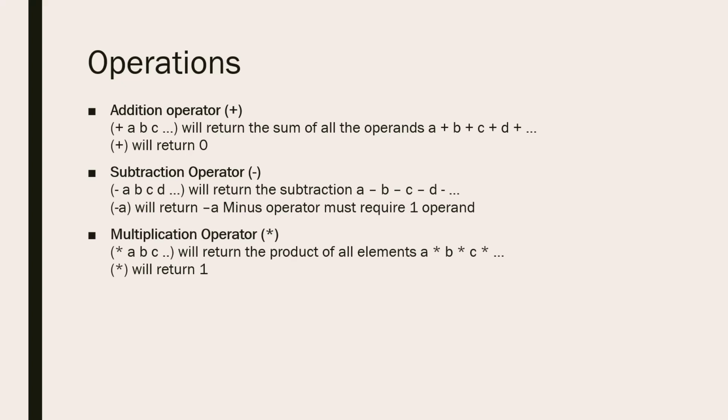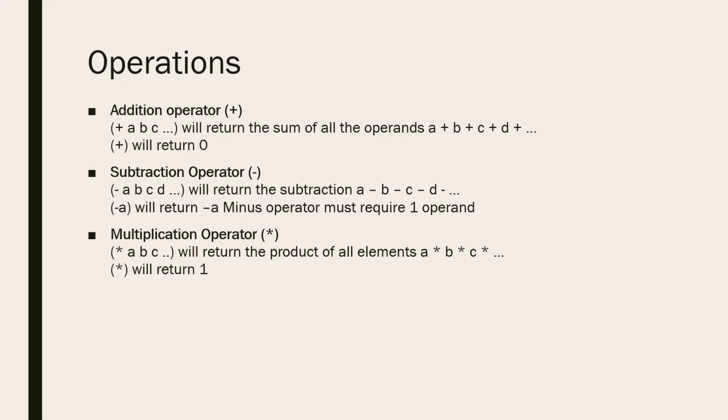Multiplication operator. The multiplication operator computes the product of all its elements: a multiplied by b multiplied by c and multiplied by all the subsequent operands. With parenthesis product, the multiplication operator will return 1. It does not require an operand, just like the addition operator.